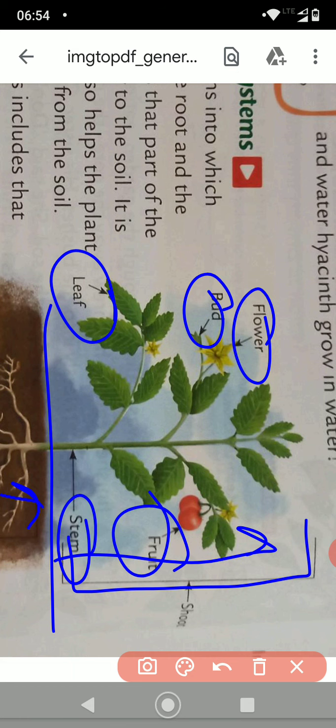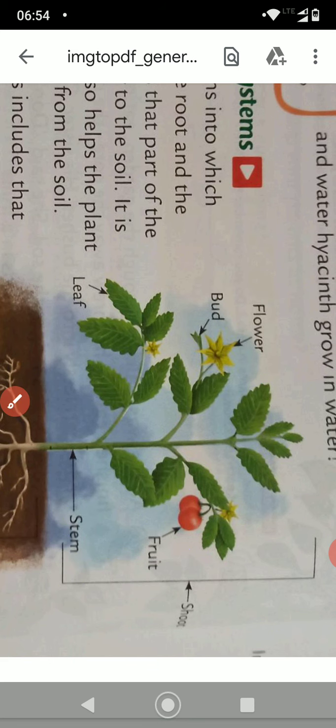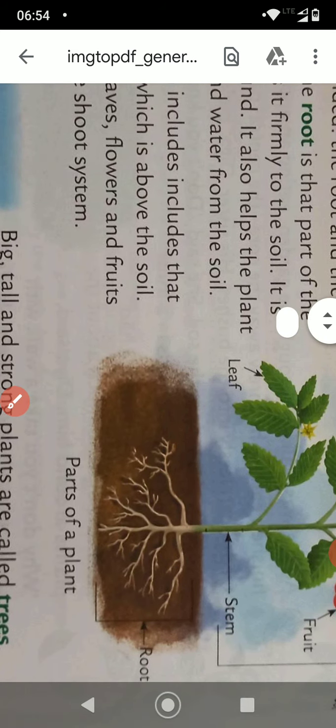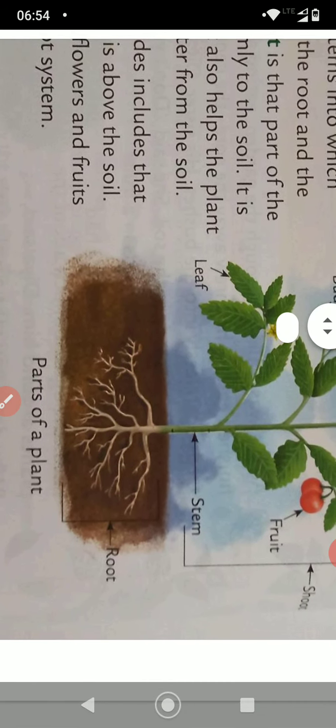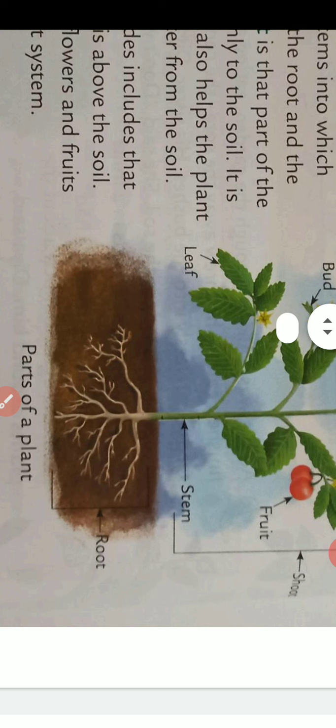Again we'll revise once more the root system and the shoot system, children. I'll show you a small video based on this, so that it will be very clear.